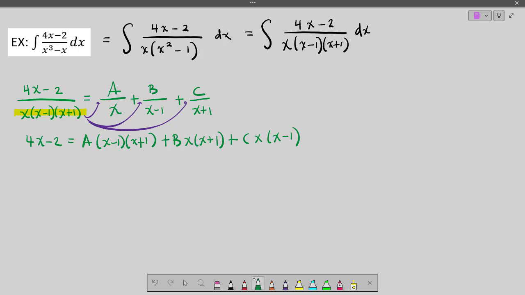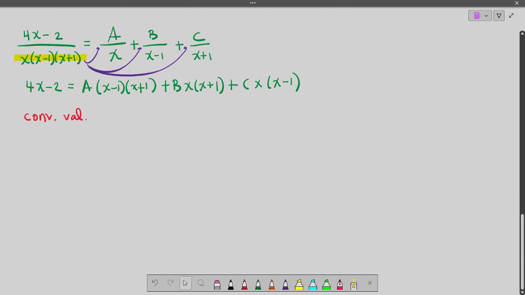We don't need to do that. Let's go convenient value. So if we go convenient value, what are the three values of x that we're going to choose as our convenient values? 0, 1, and negative 1. 100%. So those are the convenient values.